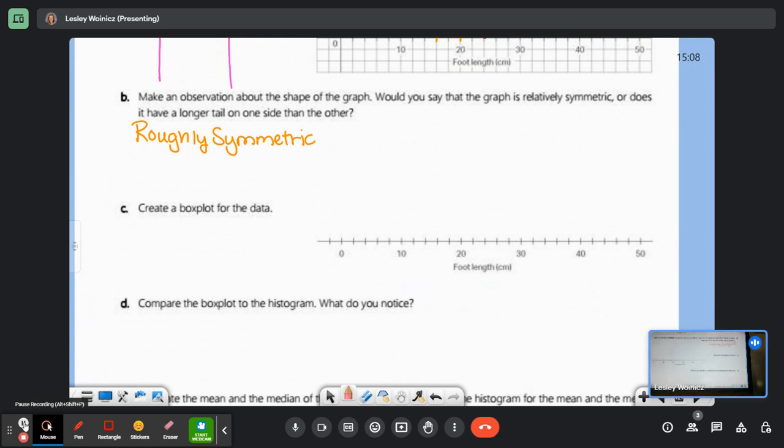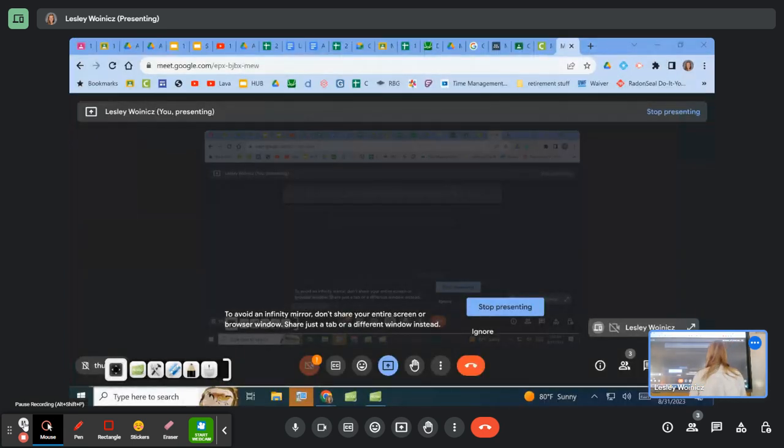All right, now we have to create a box plot for the data. So we need to find our 5-number summary. Go ahead and enter that on your calculator. I am also going to enter it on my calculator on my big board.